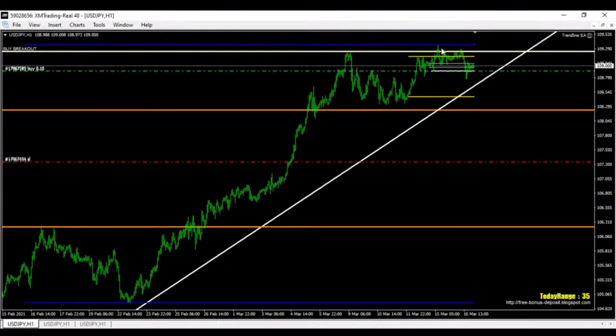It's going to break this range and this long leg will continue. So I said, when you take a look at the Forex Trendy itself, then you get the idea of where the trend is going. Then you come to your chart and you choose to do what I've done.